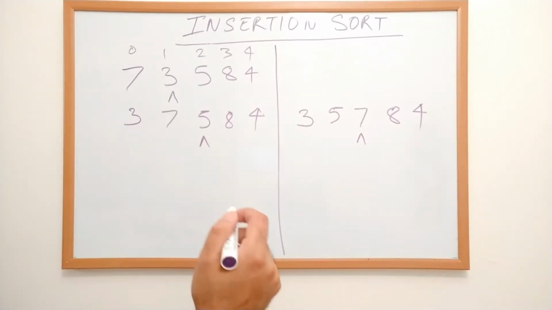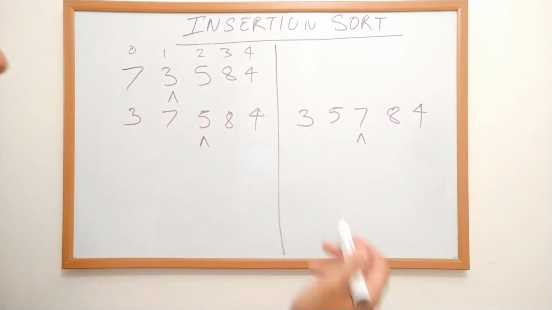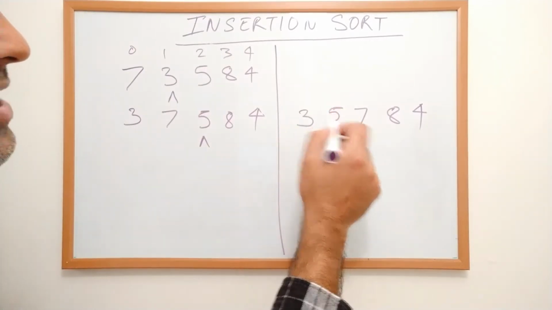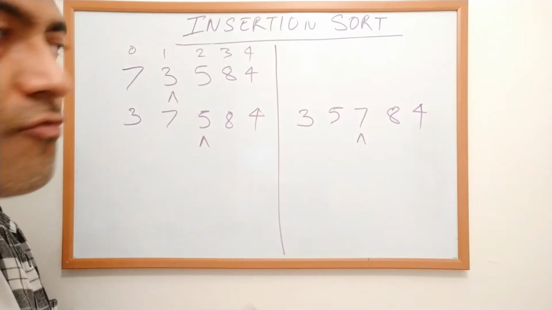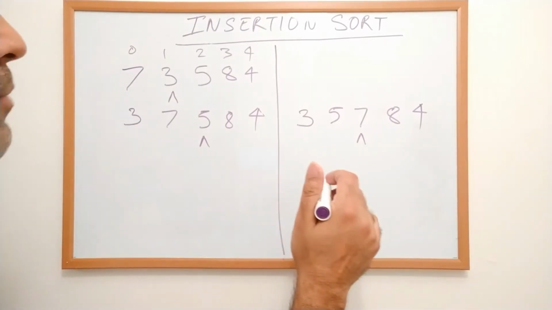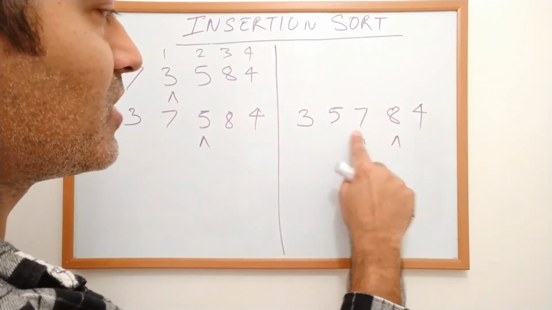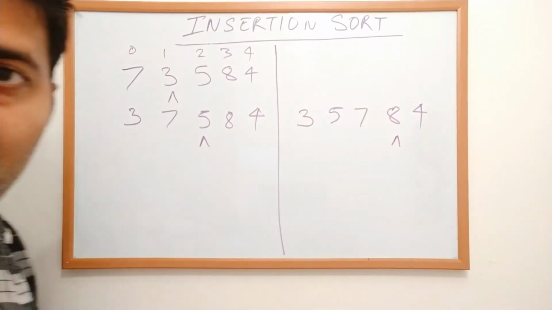And when we compare 5 with 3, 5 is definitely bigger than 3, so we move forward. Now the marker will move to 8, which is the 4th position in this list.